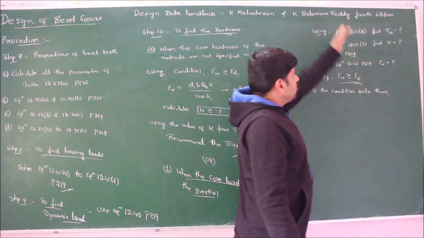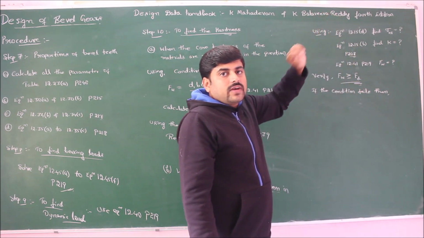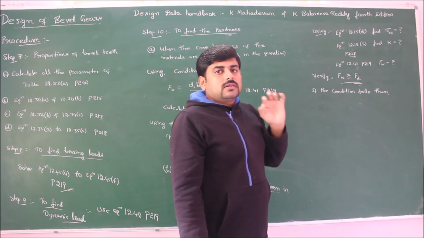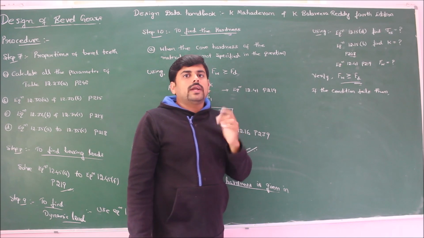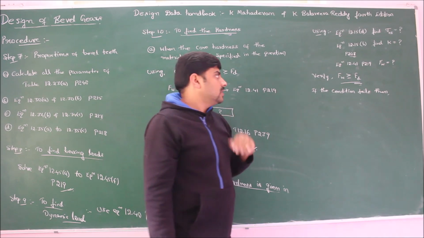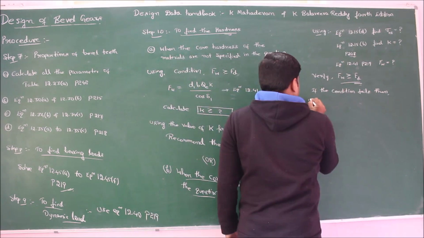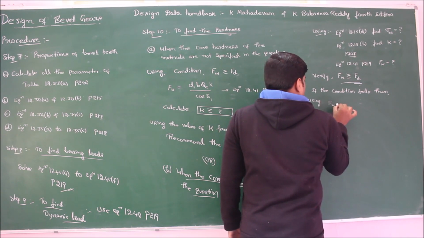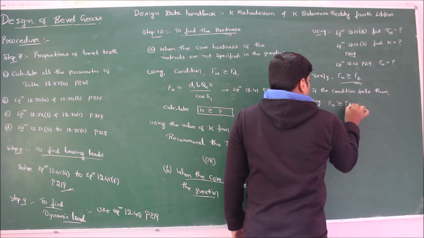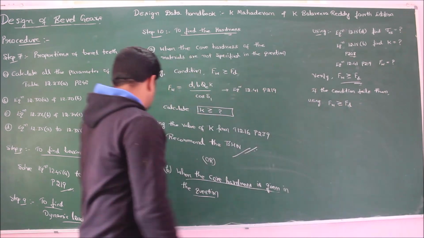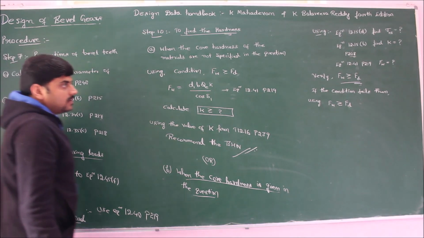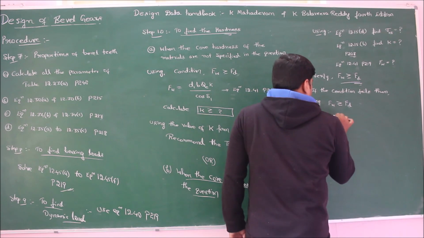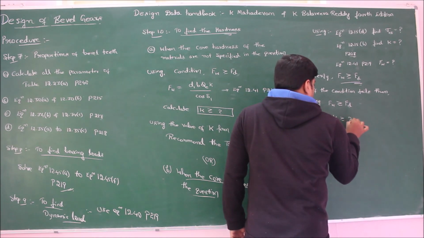Then you move back in the same manner and find the value of BHN, that is the limiting value of BHN, which must be required to withstand the given working condition. That is, using wear load should be greater than or equal to Fd, that is, Fd is already calculated in step number 9. We know the formula for Fw. Find the value of K greater than or equal to.